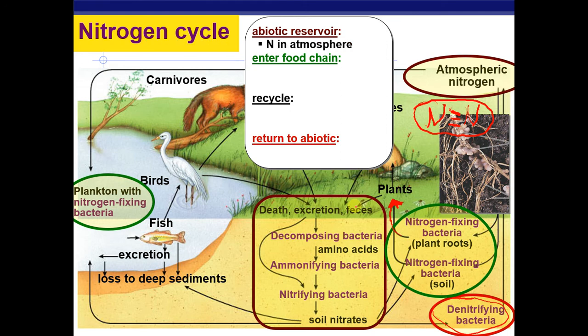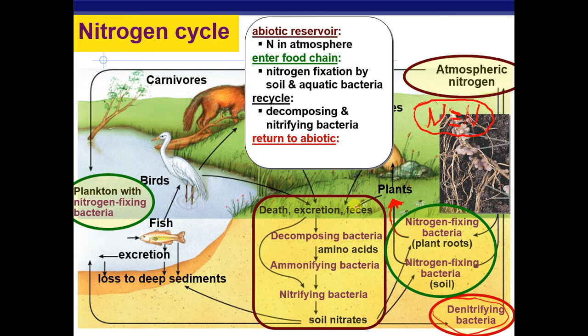So nitrogen in the atmosphere is the main abiotic reservoir in the nitrogen cycle. It enters the food chain through nitrogen fixation by soil and aquatic bacteria. It's recycled by decomposing and nitrifying bacteria, and it's returned to the abiotic reservoir, the atmosphere, by denitrifying bacteria. So I'm going to say the nitrogen cycle is going to be pretty important.